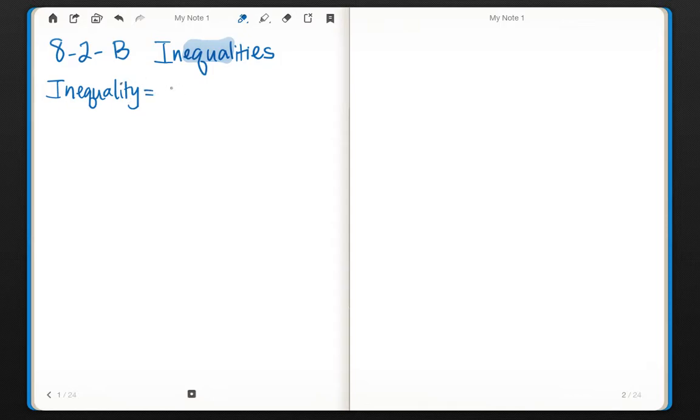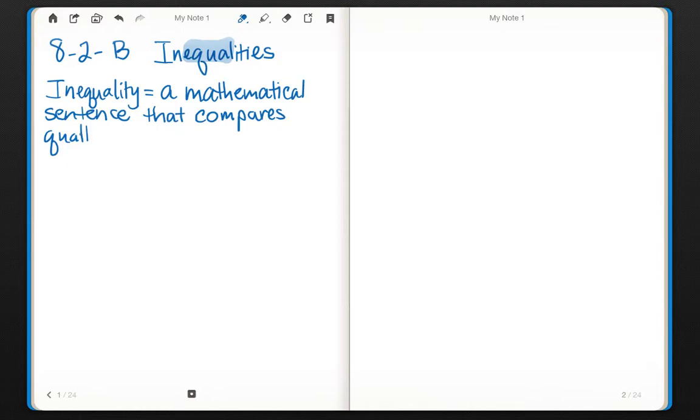It's a mathematical sentence that compares quantities, and quantities just means amounts, using, and then here are our 4 symbols.